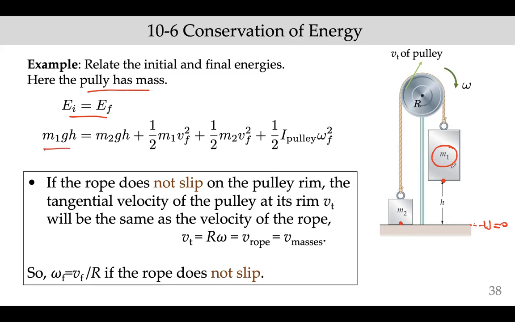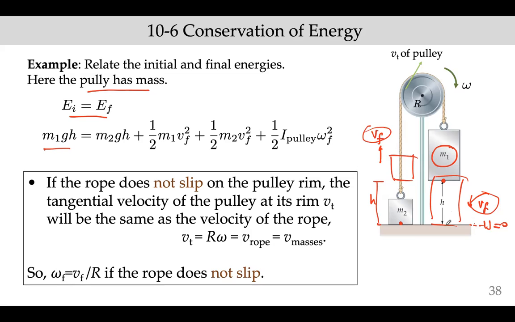Now this M1 falls down for a distance h, and of course M2 will go up for a distance h, so M2 will be here, and they will have some final speed. We are considering the moment that this hits the ground, but it has not stopped yet. Right at that moment, they will still have the velocities.